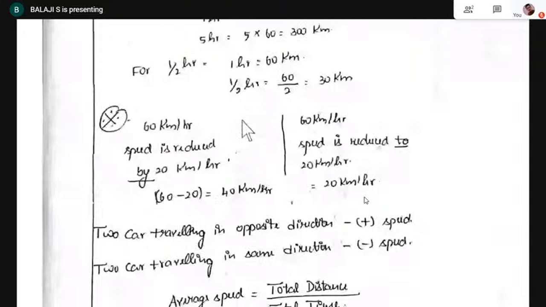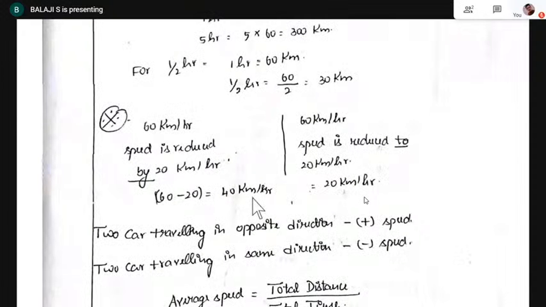Suddenly a bus or a traffic jam came, so you are reducing the speed by 20 kilometers per hour. At that time, you must subtract 60 minus 20. So the resultant speed will be 40 kilometer per hour.